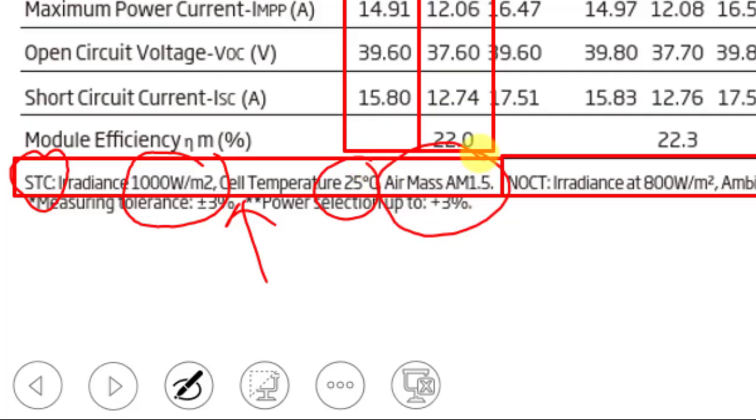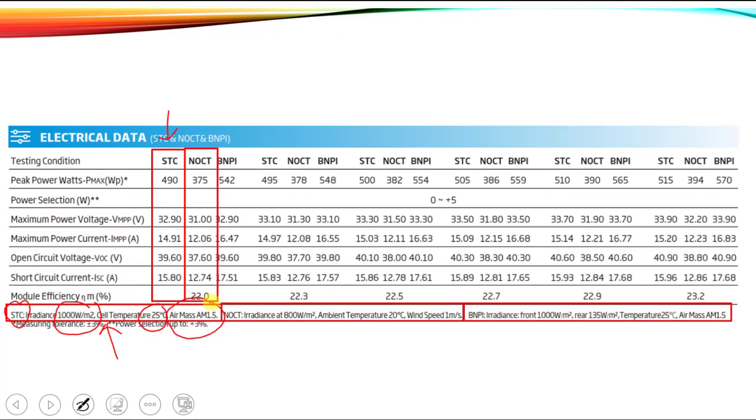Air mass refers to the sun path length from the sun to the earth's crust, and if the shortest length is 1, then the sun path taken was 1.5 times the shortest length.